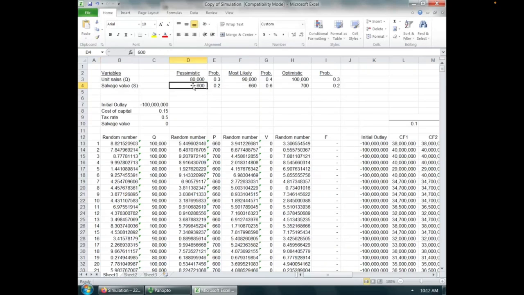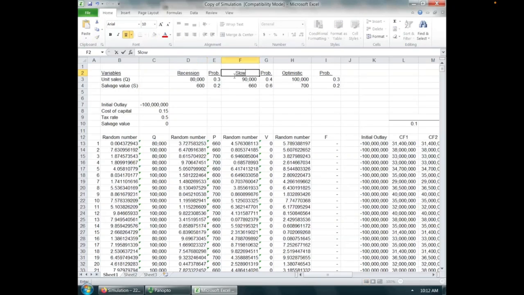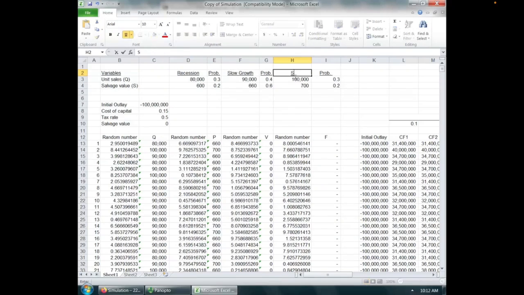Okay, so according to the case, and if you want to call this a recession, you can. If you want to call this slow growth, you can. And if you want to call this strong growth, you can.